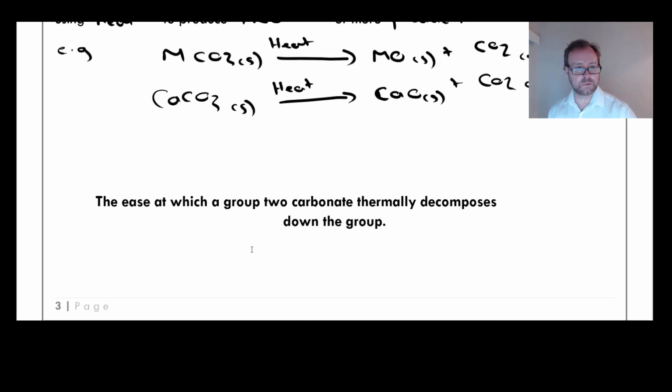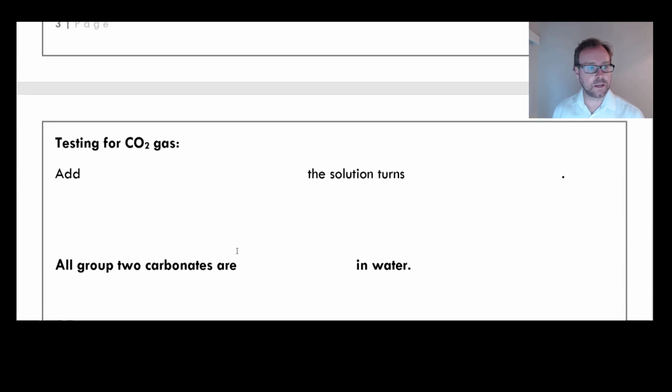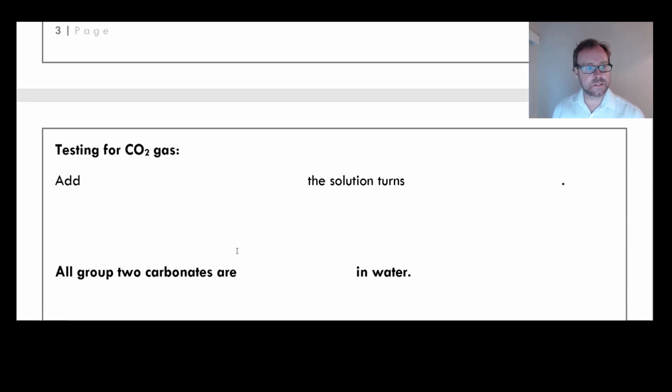So the ease at which a group 2 carbonate thermally decomposes decreases down the group. So we have to provide more heat energy to break up the carbonate as we go down the group.